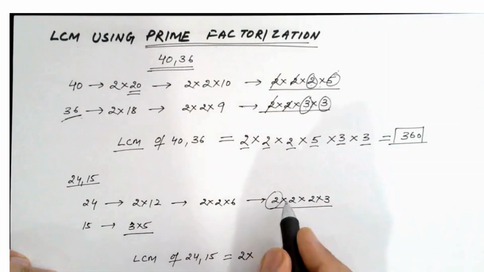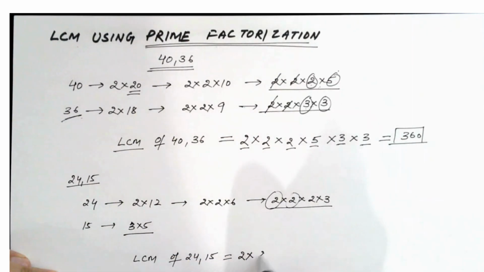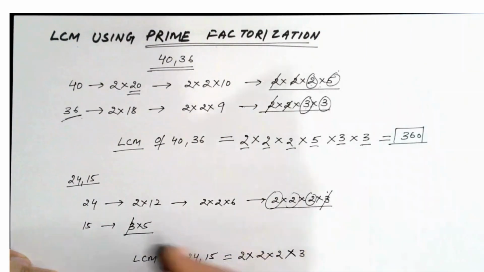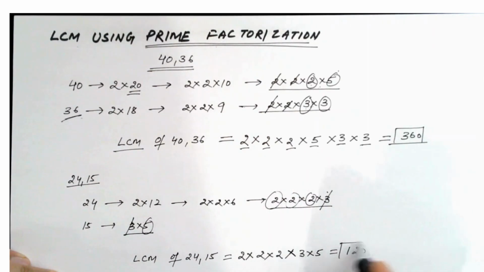This 2 is not present in this one either, we include that. This 2 also, we include that. Now this 3 is present in both, so we include it only once. And there's no 5 in this but it is present here, so we include that as well. So the LCM becomes 120, the LCM of 24 and 15.